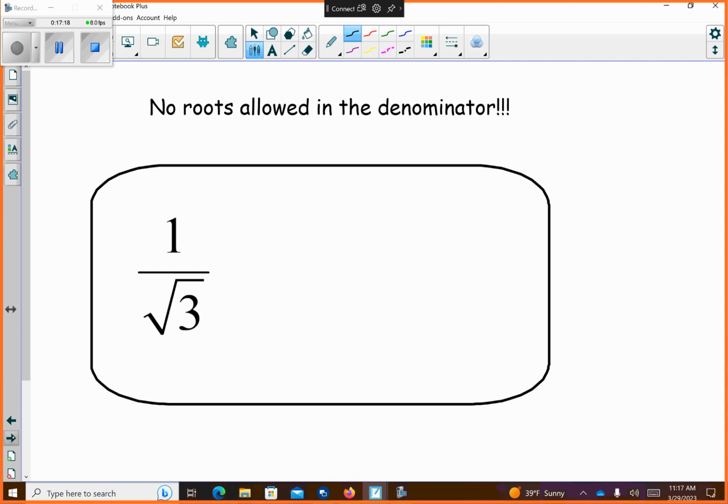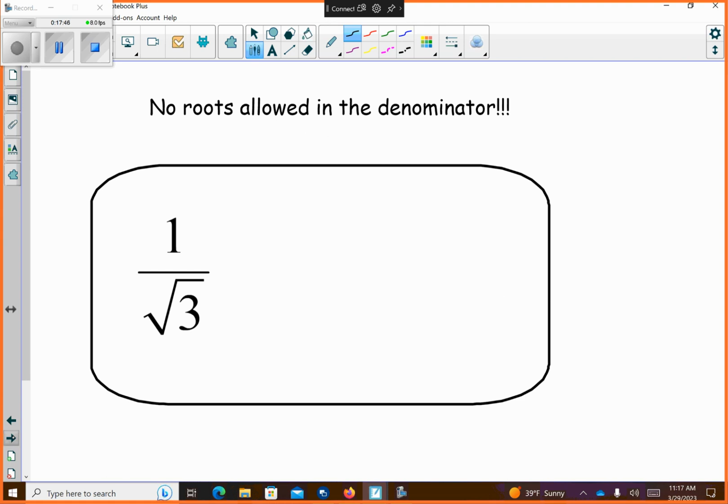So, we have a fraction in which it has a radical, a square root sign, on the bottom in the denominator. Now, it's kind of a no-no in math to have a square root sign in the denominator, but it's not the biggest no-no in the world, but rationalizing denominators will help you in evolving with certain problems.